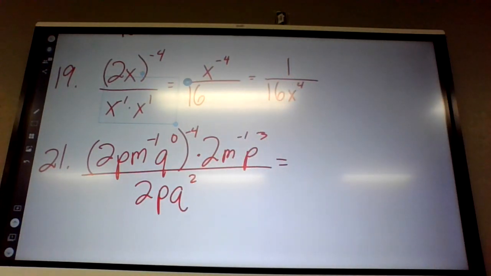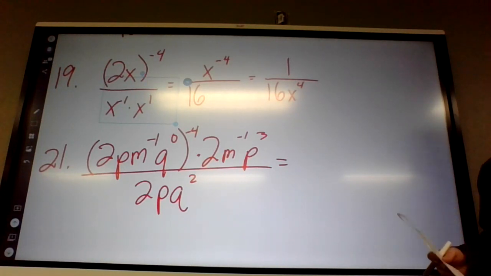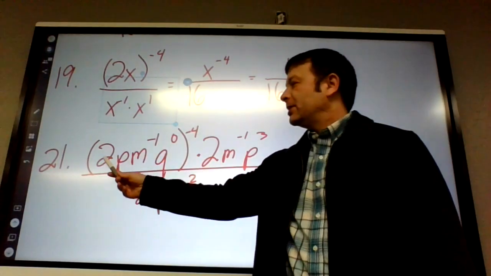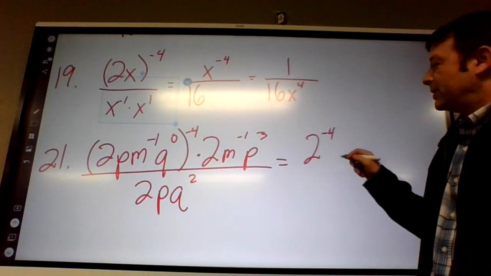All right. Okay. Sophia, any ideas what we should do first? Parentheses, yeah, parentheses come first. So let's not do too much with it right now. Let's just put 2 to the negative 4th. And then what else?